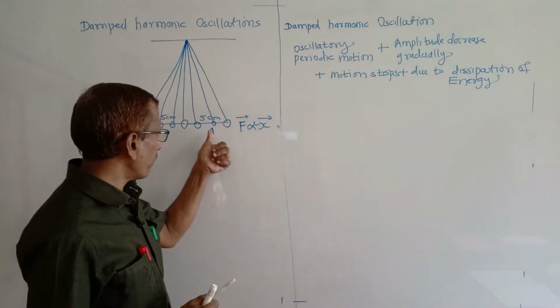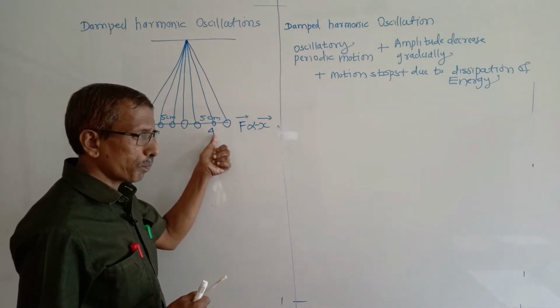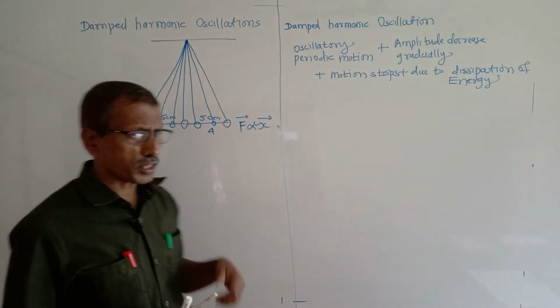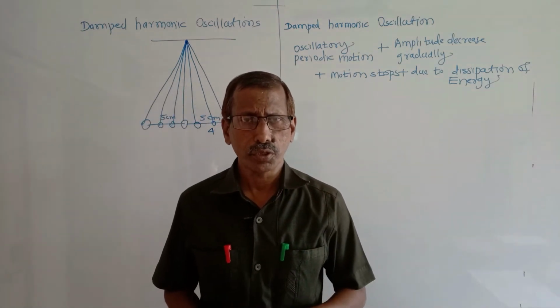So when this bob comes to the mean position from 4 centimeter, its maximum velocity also goes on decreasing at the mean position.